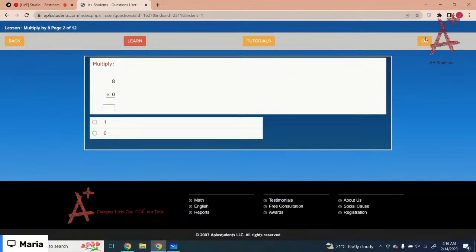Okay, the next one is 8 times 0. So 8 times 0 is 0. 0 multiplied by any number makes 0. Got it? So 8 times 0 makes 0. Got it?